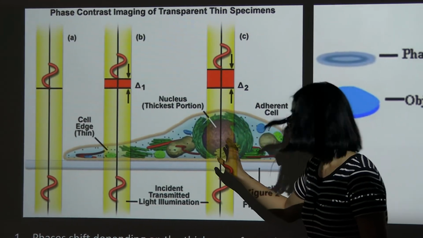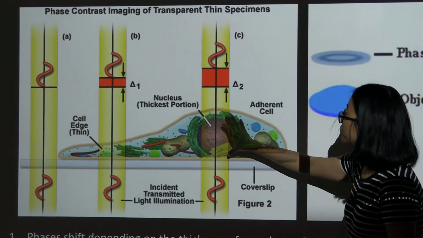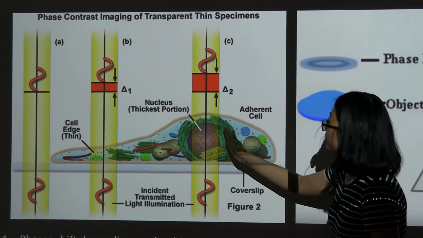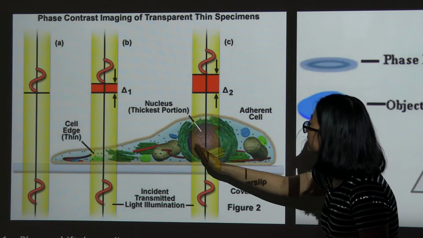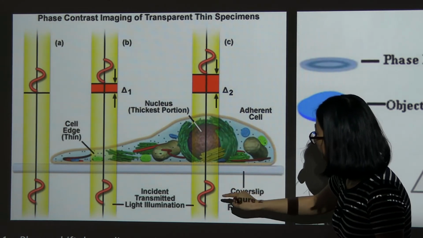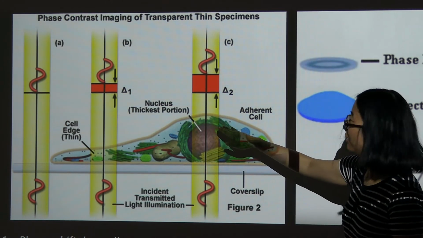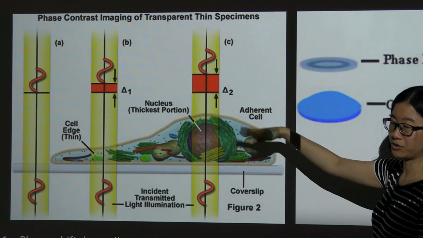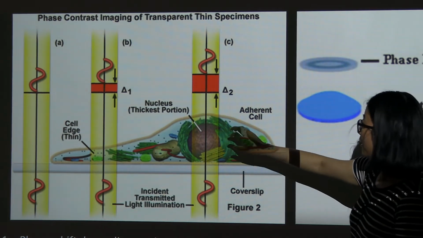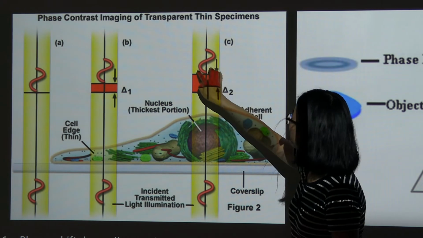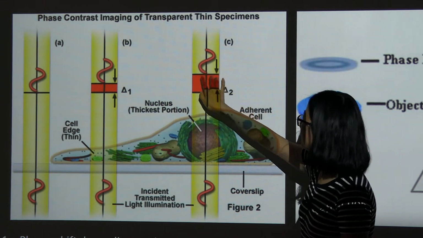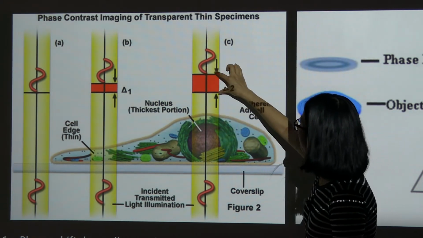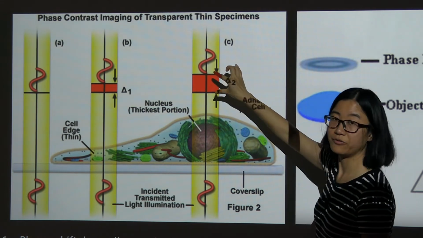And when the sample is really thick, for example when the light goes through the thickest portions, it will be changed a lot. Not only in the intensity or the amplitude, as I showed you in the previous slides, but also a big shift in the phase.